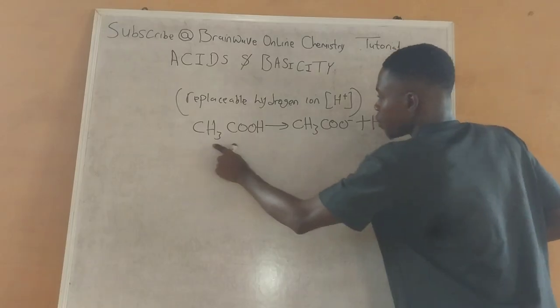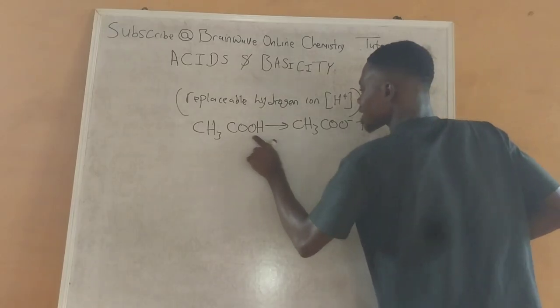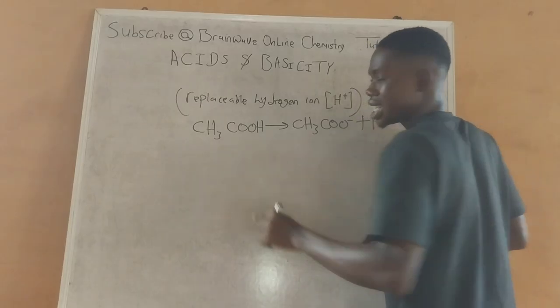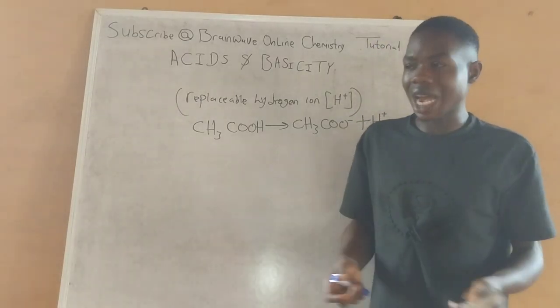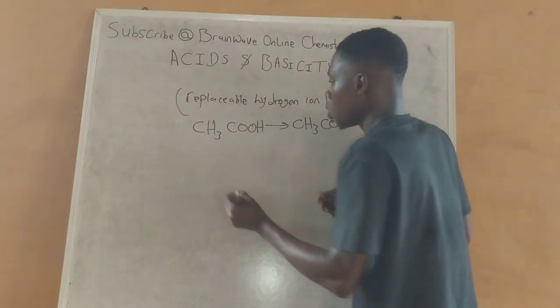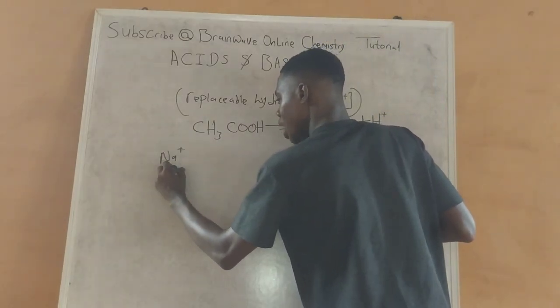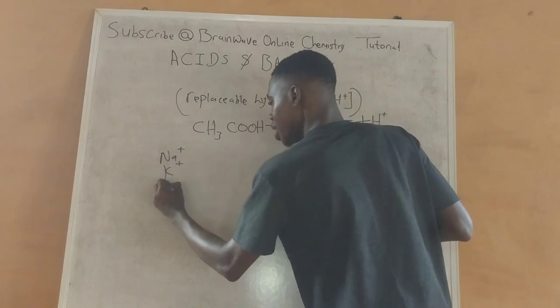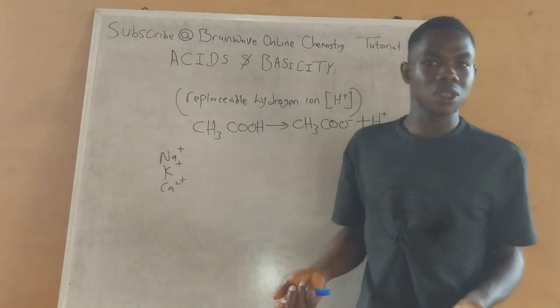In ethanoic acid, for example, which is what I brought out here, you can see that it's only this last hydrogen ion here that can be replaced. It can be replaced by a metallic ion or an ammonium ion. Examples of metallic ions are sodium ion, potassium ion, and calcium ion.